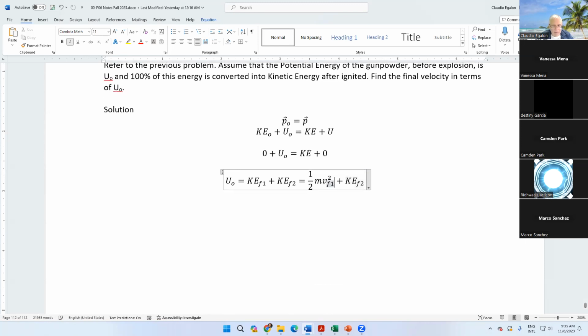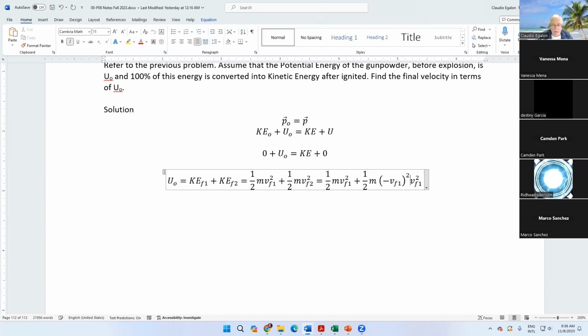Let's put that step by step, right? Final velocity of 1 plus final velocity of 2, using the result of the previous problem. Final velocity of 1 is equal to final velocity of 2 with a minus sign, but because you're squaring, I'm going to emphasize here that it is minus the final velocity of 1.